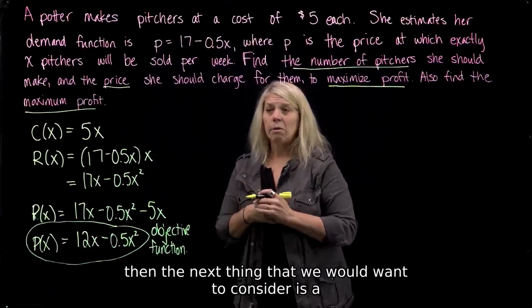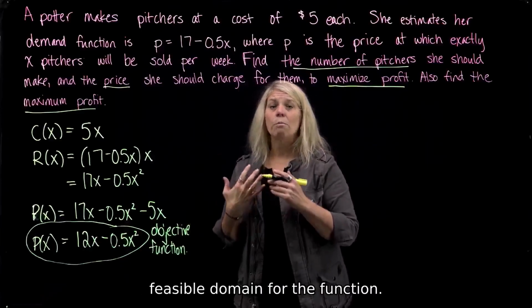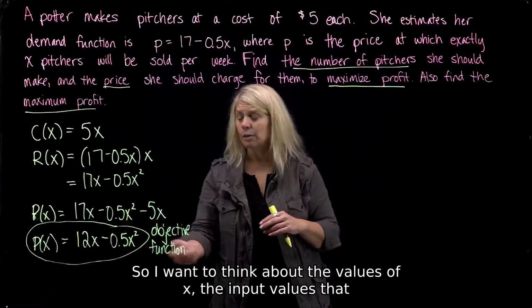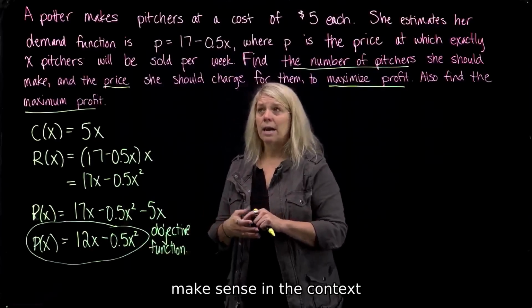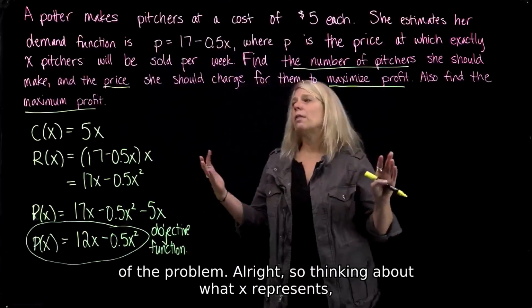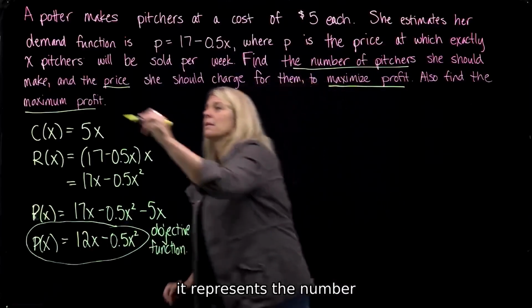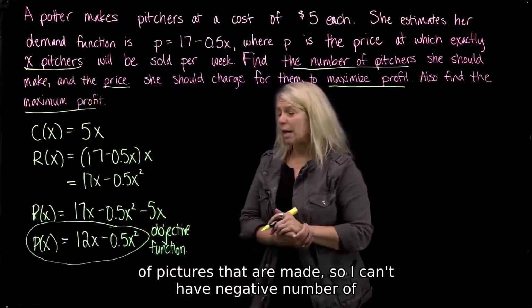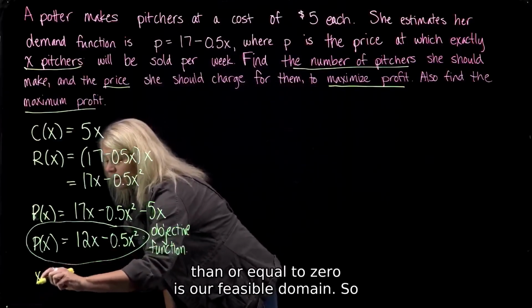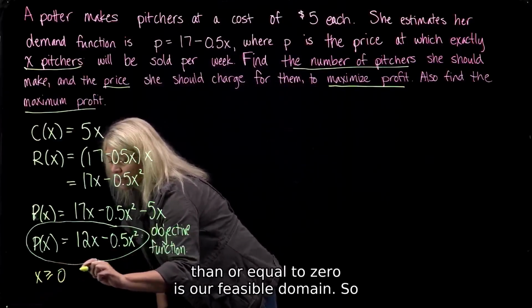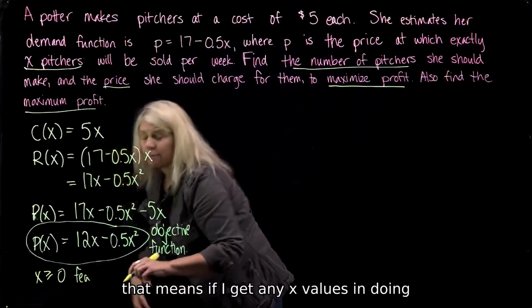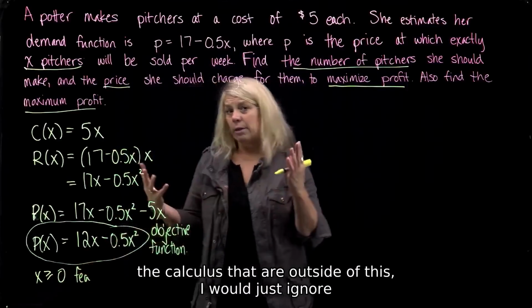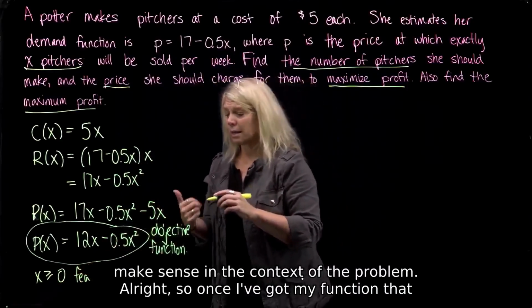And then the next thing that we would want to consider is a feasible domain for the function. So I want to think about the values of x, the input values that make sense in the context of the problem. All right, so thinking about what x represents, it represents the number of pitchers that are made. So I can't have a negative number of pitchers here, so x greater than or equal to 0 is our feasible domain. So that means if I get any x values in doing the calculus that are outside of this, I would just ignore them because they don't make sense in the context of the problem.